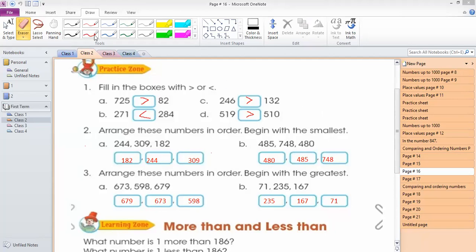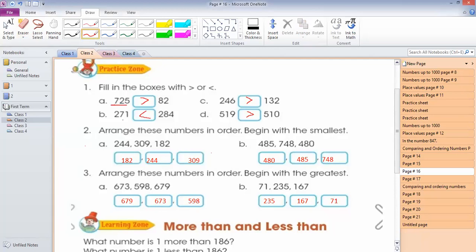You have learned that whenever you are comparing 3-digit numbers, you always have to compare the hundreds first. If the hundreds are same, then you will have to compare the tens. And if the tens are also same, then you will have to compare the ones. The number you find bigger on the hundreds place, that number is bigger.